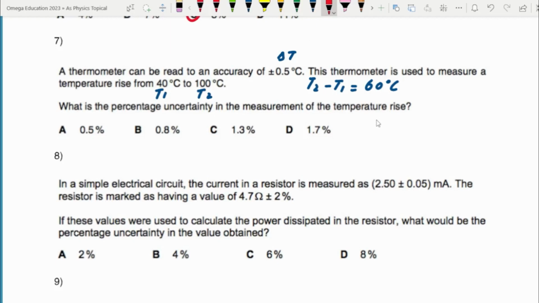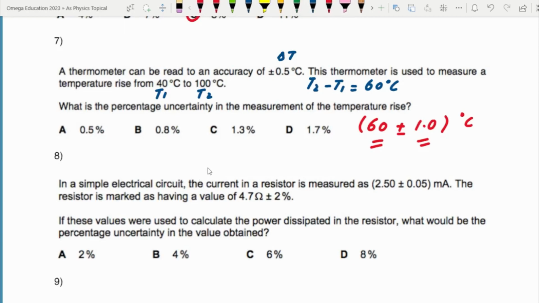So you get the final answer as 60 plus minus 0.5 plus 0.5, 1.0 degrees Celsius. This is your principal value, and this is the total absolute uncertainty in the principal value. How do you get 1.0? 0.5 for the first reading, 0.5 for the second reading.